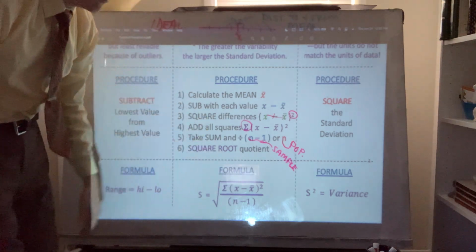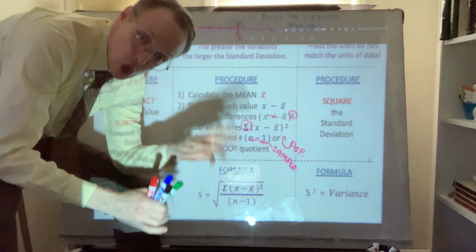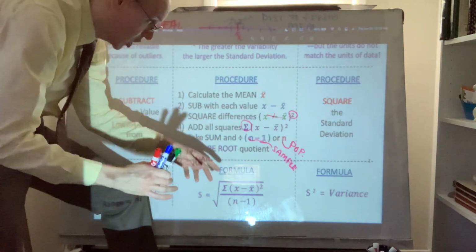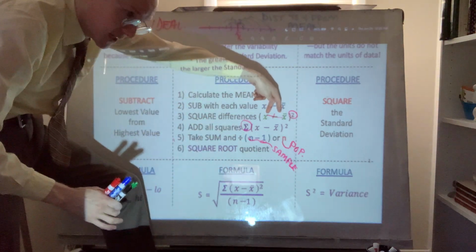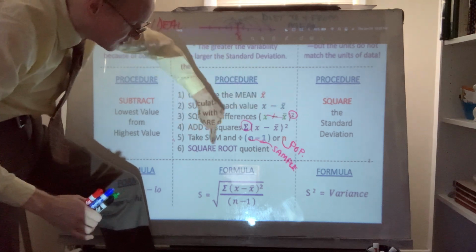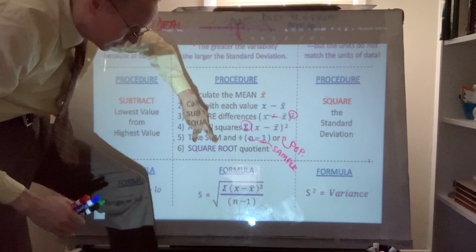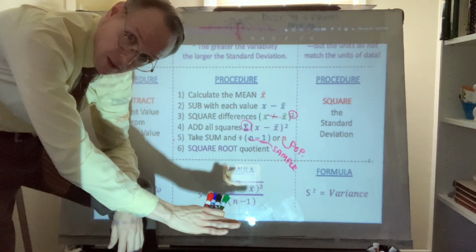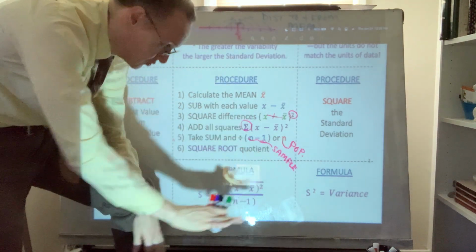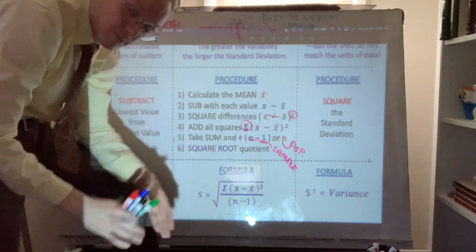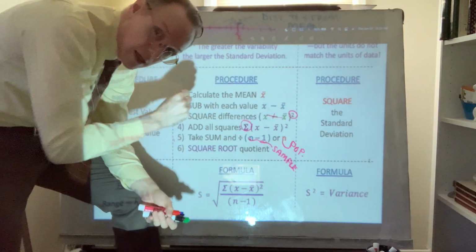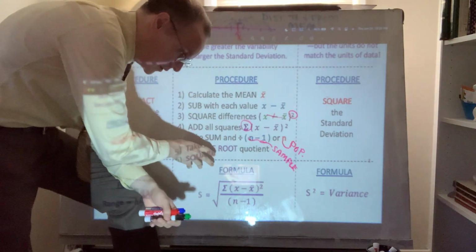Now, in order to basically undo what has been done for the sake of avoiding a cancellation effect, the opposite operation, square root, because the opposite of squaring is square root, is then applied as the last step, right? So whatever this quotient ends up being, as an afterthought, it's square rooted, right?